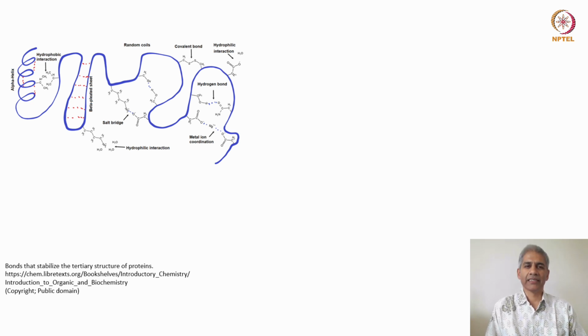So the protein within a cell will have a specific 3D structure, and this structure is closely linked to its function. And the way the three-dimensional structure of the protein is built up is via a variety of non-covalent bonds. And these can be of various types.